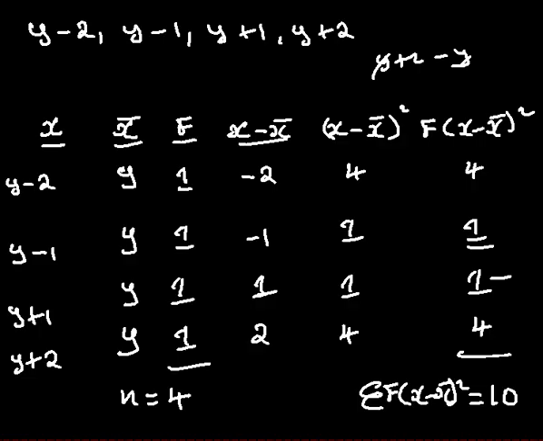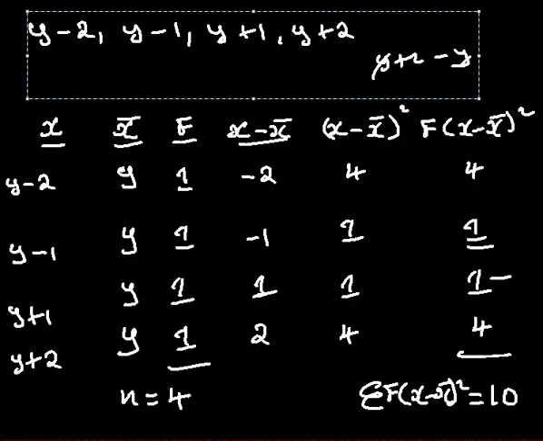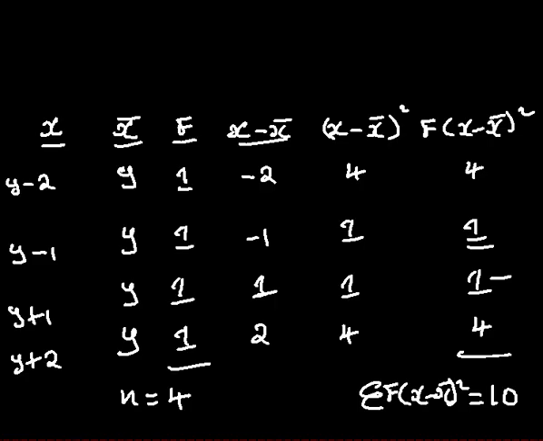Then what do you think will be the variance? Now the variance, which is sigma squared, will be given as 10 divided by 4. And what is 10 divided by 4? It should be 2.5.